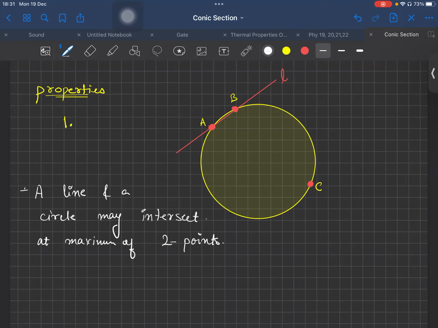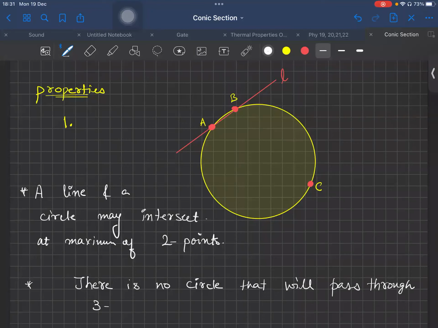So write down here, there is no circle that will pass through 3 collinear points.